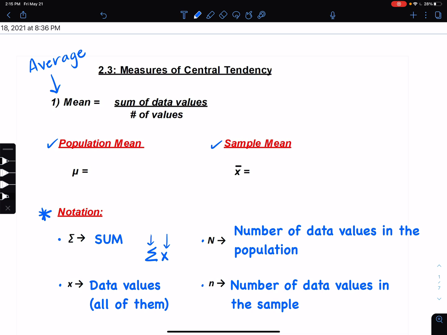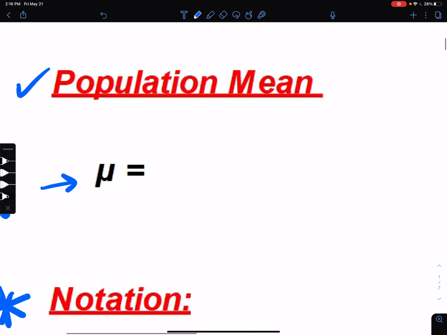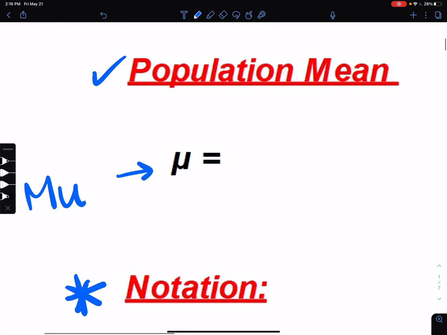Okay, so let's start with the population. Population means we've looked at all possible values, every value of interest. If we do that and we calculate its mean, its average, we're going to denote that using a Greek letter. All right, and this symbol that you're seeing here is the Greek letter mu.